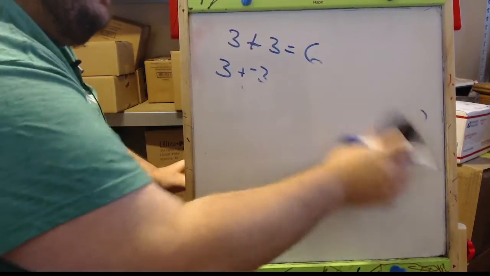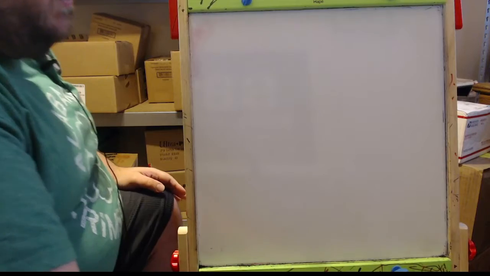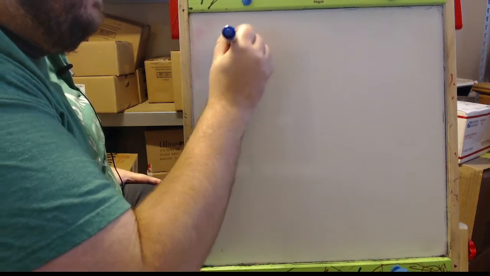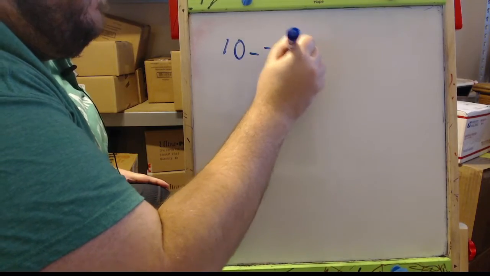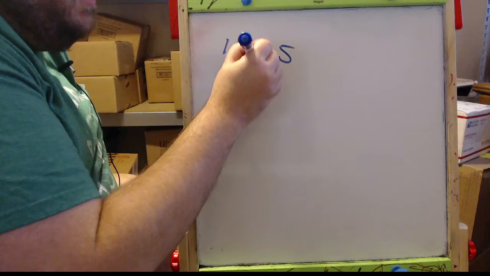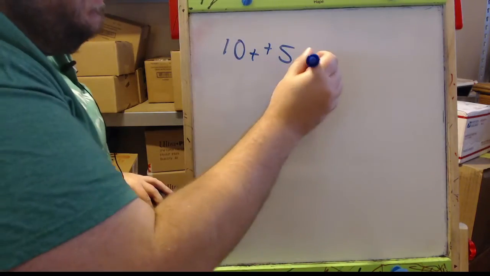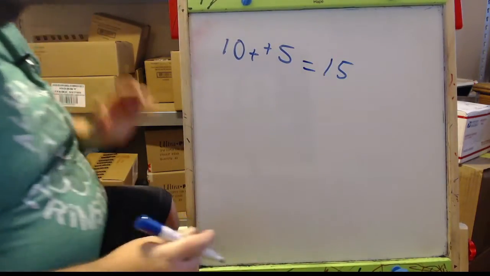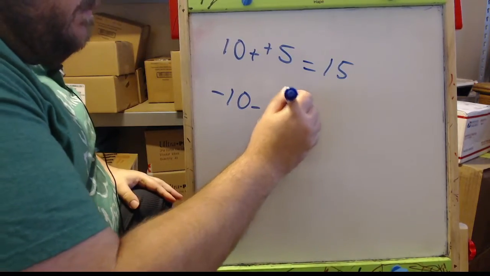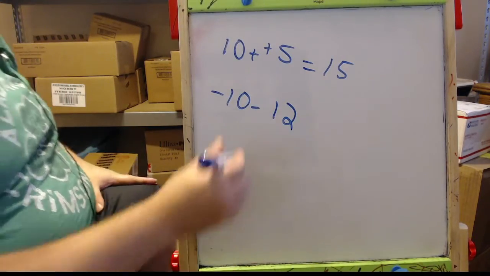Subtracting integers, you've got to take a rule into account. So let's do 10 minus negative 5, like so. The rule is you change both signs, and this becomes 15. If I had negative 10 minus 12, something like that, don't rewrite it.